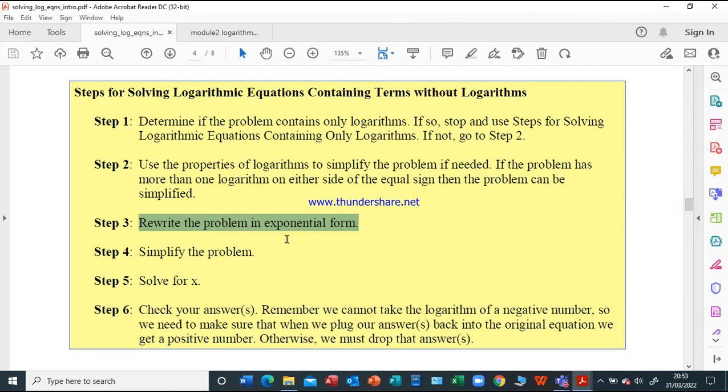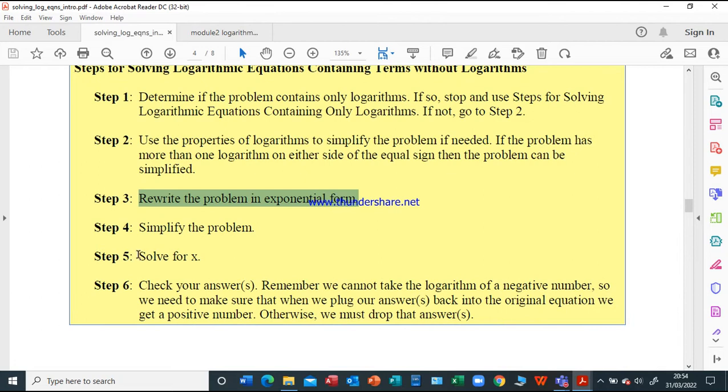Or if the number is given as a big number, you look at the base and try to factorize or simplify that big number in terms of the base. You're raising the base to what power? The idea is basically to get the powers.